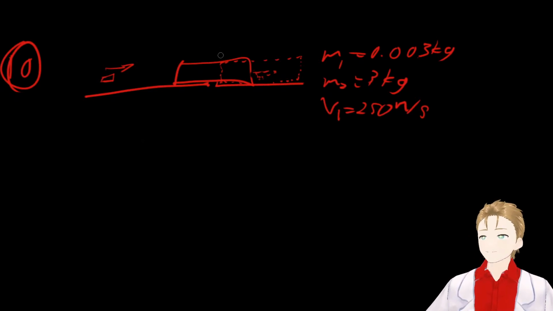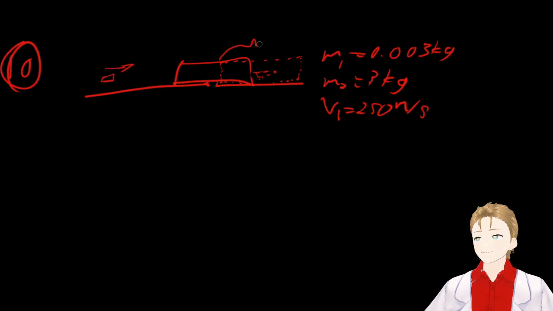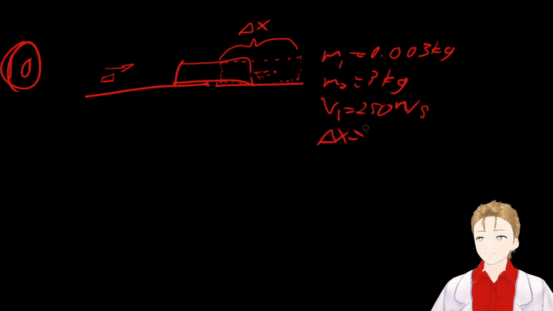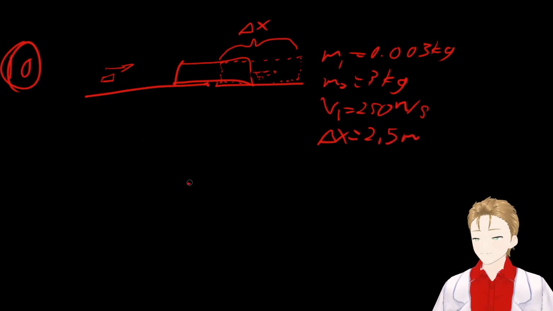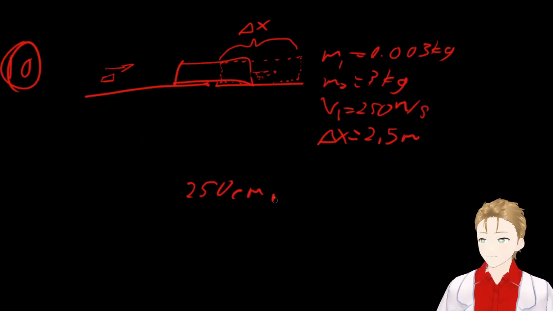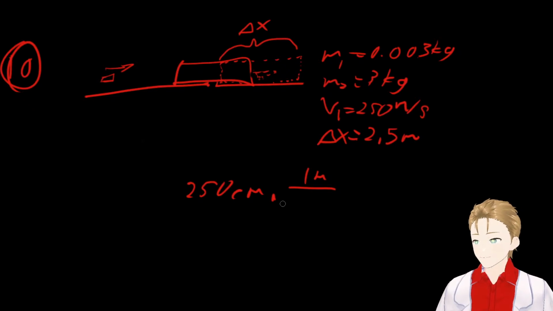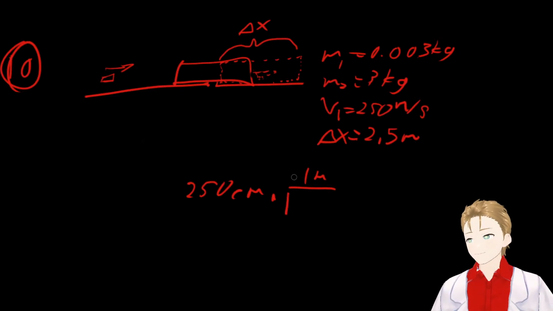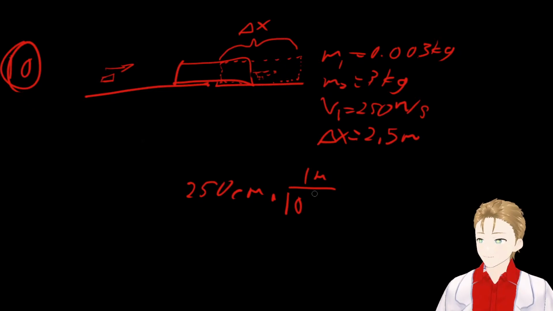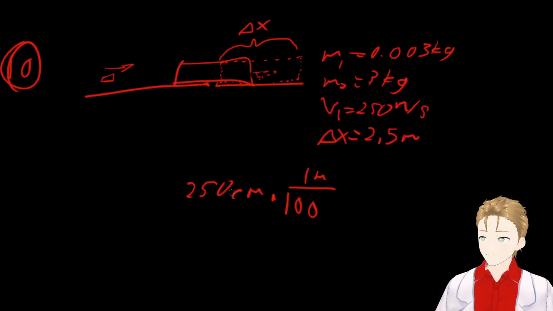So the delta X this time is about 250 cm, which is actually 2.5 meters. 250 cm times 1 meter over meter, decimeter, centimeter is 1, 2. Perfect.